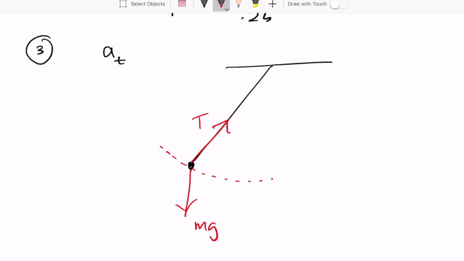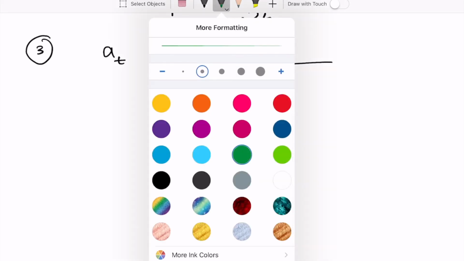We've discussed how when an object is going in a circle, you have to resolve the forces into radial and tangential directions, right? The radial and the tangential directions are the best directions that you can use for resolving forces. So the tension T is already in the radial direction. So mg is the only thing that needs to be broken into two components.